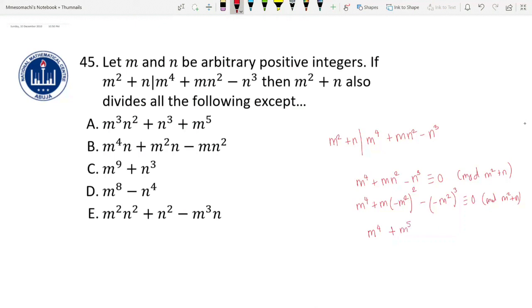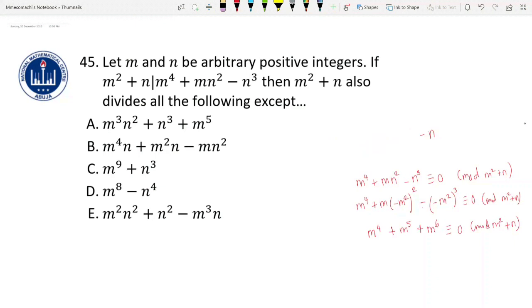And because this is cubed, the negative sign is retained and affects the one in front, so it becomes positive. So I have m to the fourth power plus m to the fifth power plus m to the sixth power is congruent to 0 mod m squared plus n. And then we look at each of these other ones mod m squared plus n.